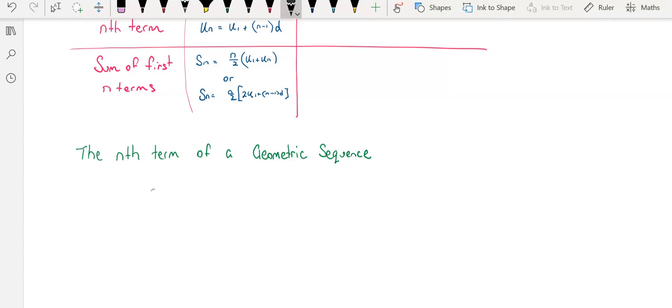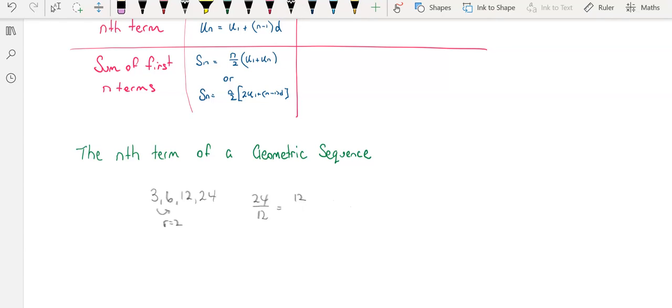We're going to get 3, 6, 12. I've just started with a random number and I'm multiplying by 2. So in this case, my common ratio is 2, and just demonstrating what we were talking about before, if I take any term and divide by the term in front, I should get any other term divided by the term in front. So if you need to find what a common ratio is, then that's how you do it.